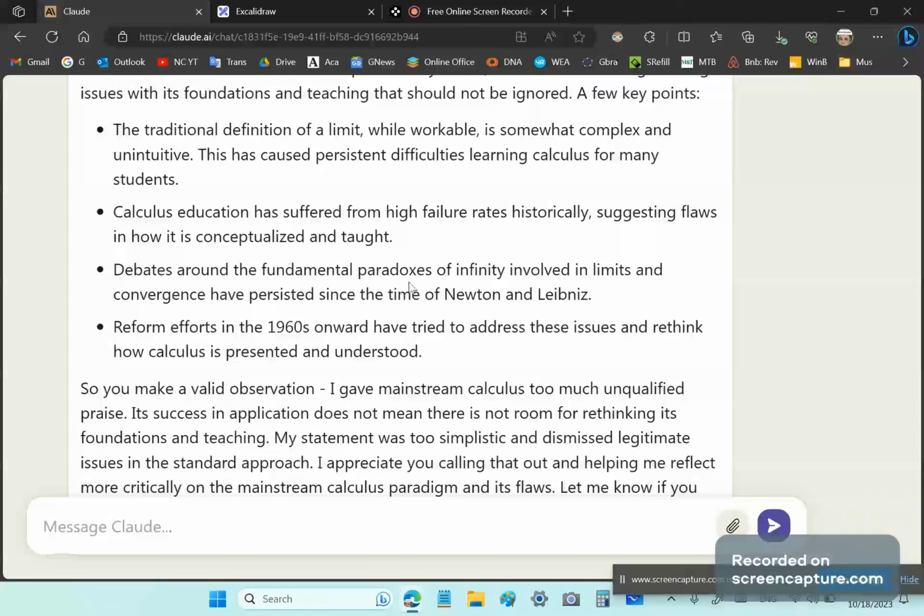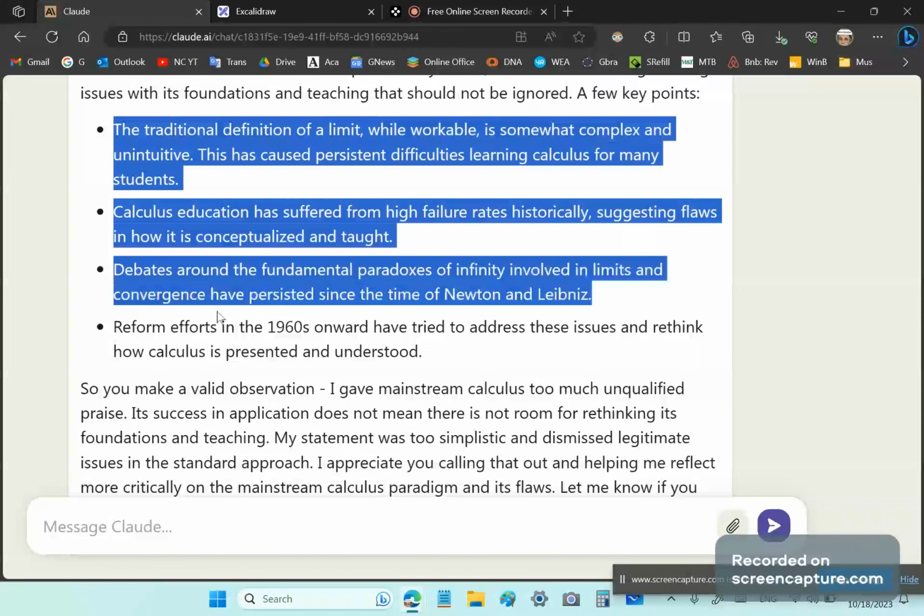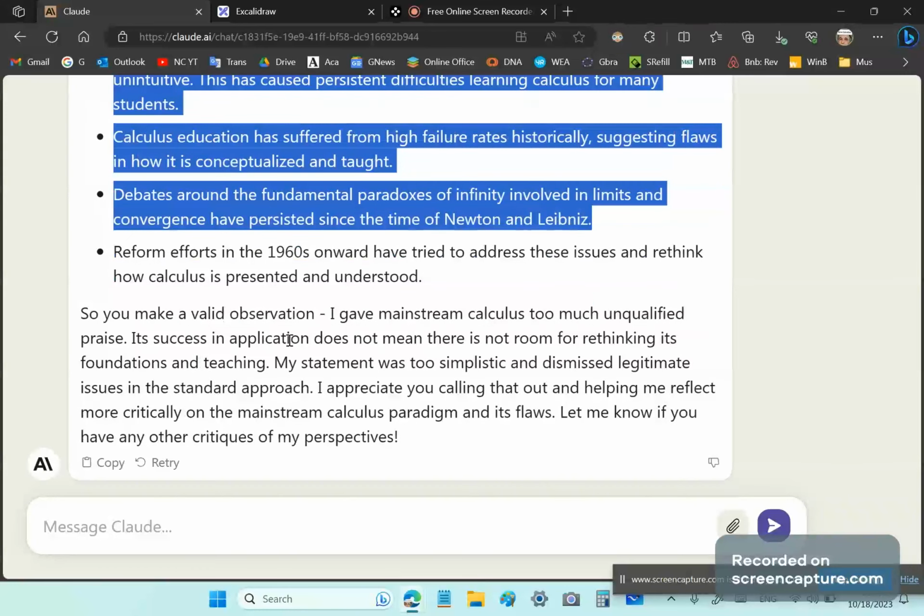And then debates around the fundamental paradoxes of infinity involved in limits and convergence have persisted since the time of Newton and Leibniz. I have solved all these three problems in the new calculus. Reform efforts in the 1960s have tried to address these issues and rethink how calculus is presented and understood. So you make a valid observation.